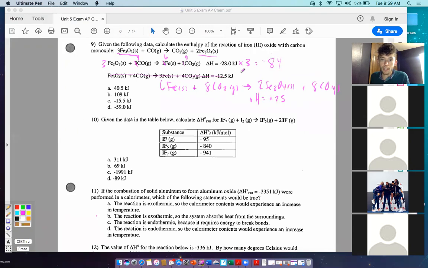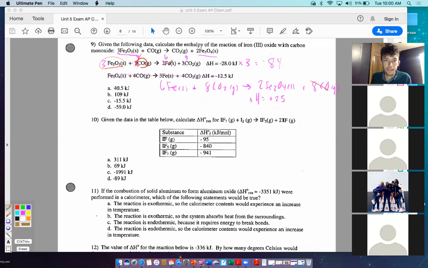So now I need to confirm that this does indeed get me the reaction I want. I have 3 Fe2O3 there. I have 9 CO as a reactant and 8 CO as a product. So those are going to cancel, and I will get a single CO left over because I had 9 as a reactant and 8 as a product.